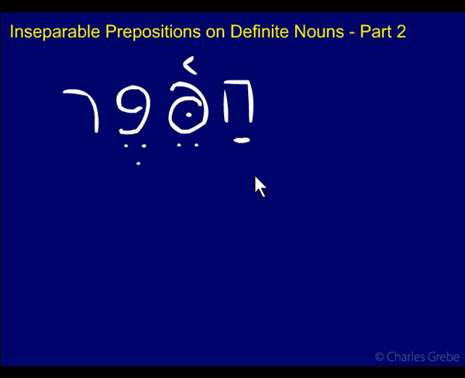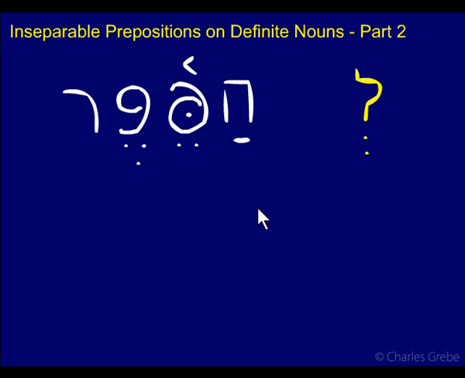Now what happens when we add le to it? If you add le, be, or ke, we'll take le as our example. The rule was simple. All you do is replace the hey with the lamed. All the vowels are retained from the article, whatever was going on here before.